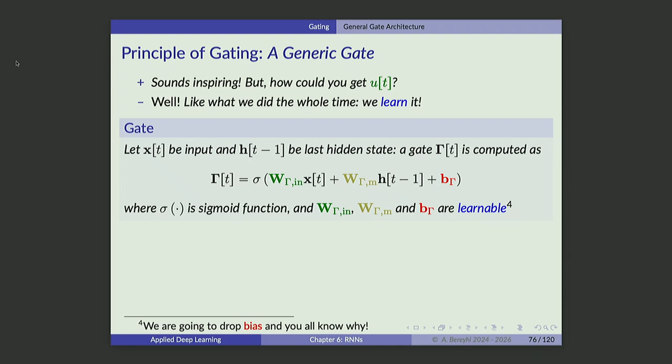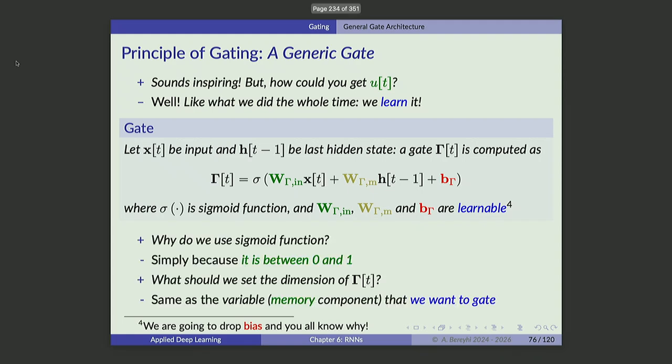What should I use as activation? Sigmoid. I'm going to use a sigmoid as an activation. It's going to be a gate. And how do I know what to choose for W and these two different weights inside the gate? Well, I just leave it to get trained using gradient descent. Make sense? Questions? Everybody's cool? Great. So, obviously, you need to use sigmoid.